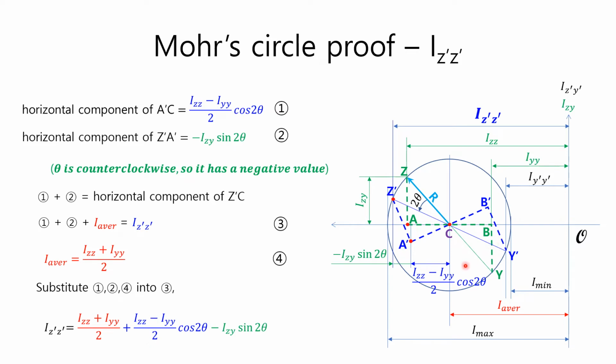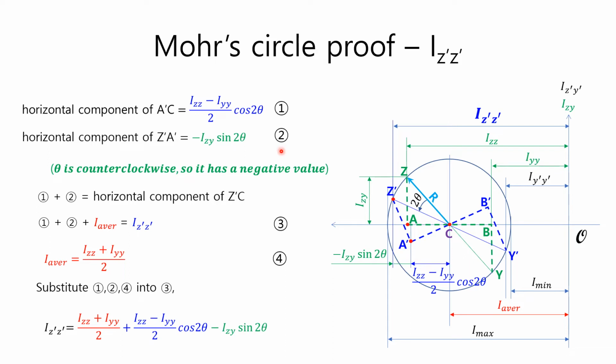And the horizontal component of Z prime A prime can be calculated as in equation 2. Here, theta has a negative value because it is counterclockwise. So the entire term of equation 2 has a positive value.